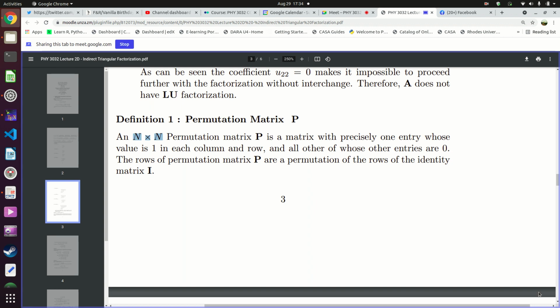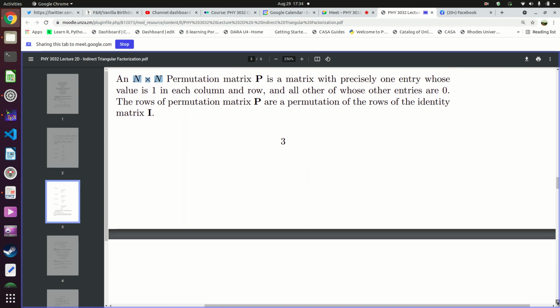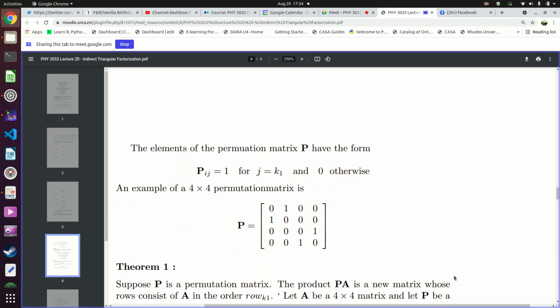For example, here is an example of a permutation matrix, a 4 by 4 matrix. If you look at the first column, there's only one row with a nonzero value.